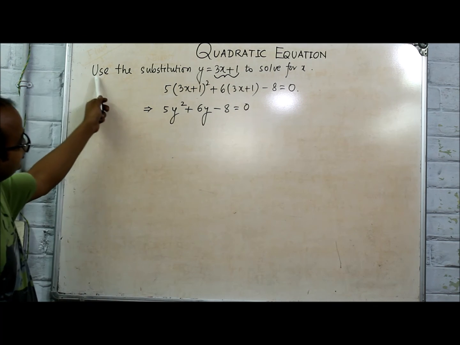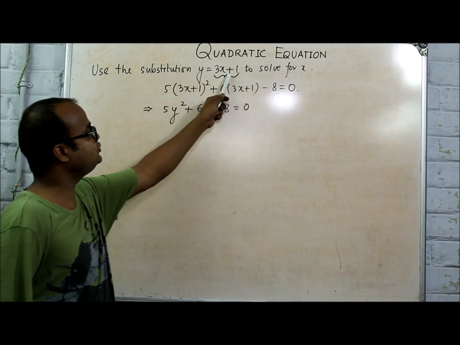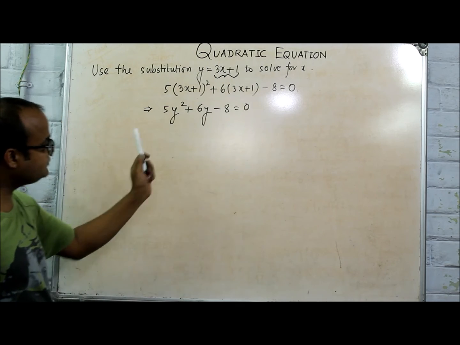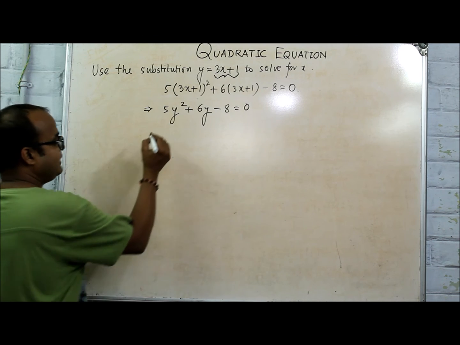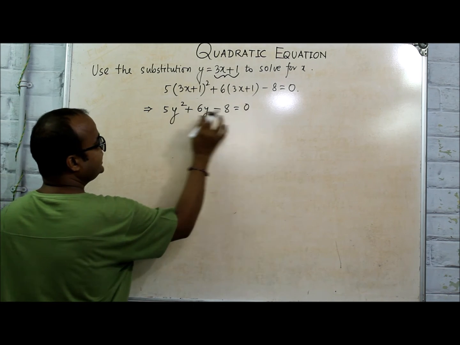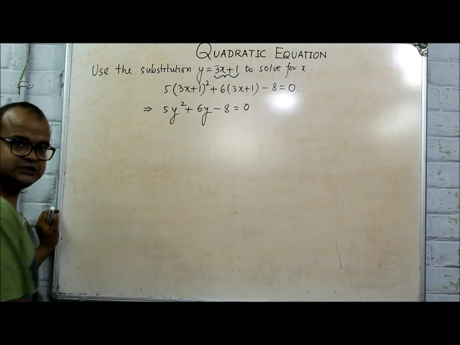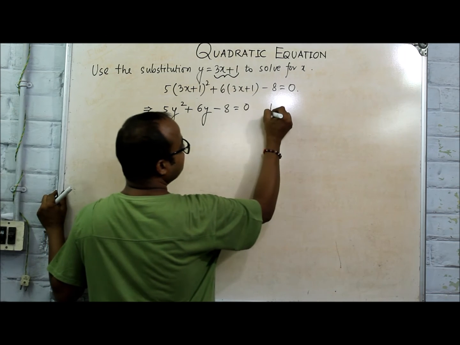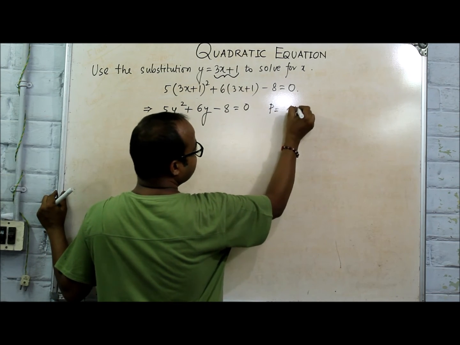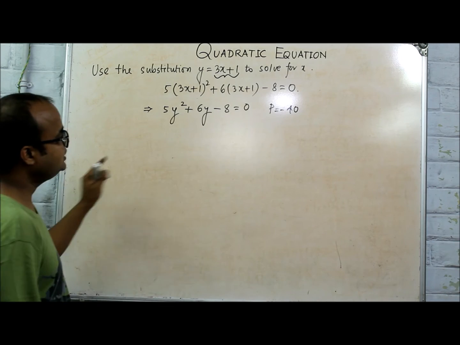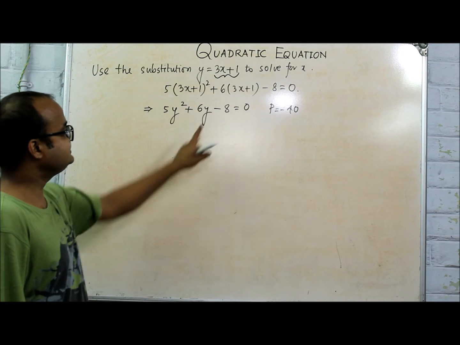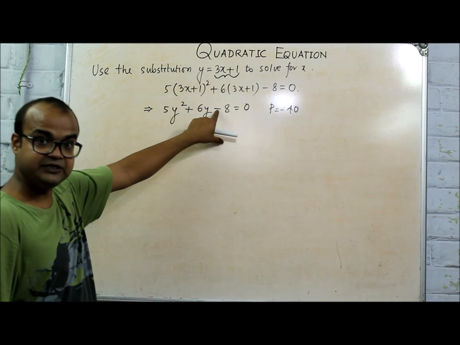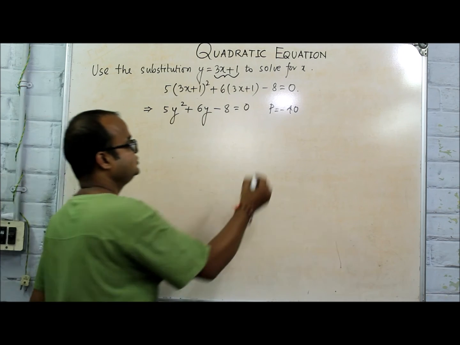It is given that use the substitution y is equal to 3x plus 1. So in place of 3x plus 1, we substitute y. Now we apply the middle term factor. 5 into 8, 40. So the product is equal to 40. With sign it is minus 40. 40 needs to be divided into two parts such that their difference is 6.